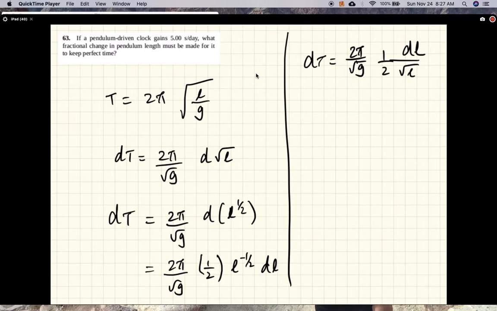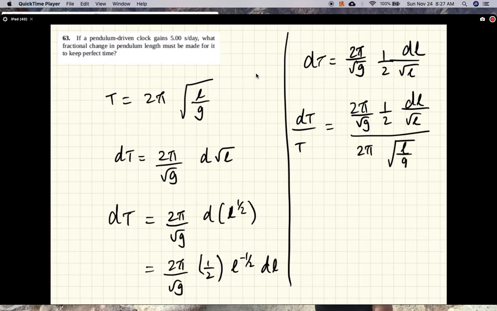Okay, so we will divide this by the period T, which is equal to 2 pi root of L by g. dT over T equals 2 pi over root g, times 1 half dL over square root of L, divided by 2 pi square root of L by g.